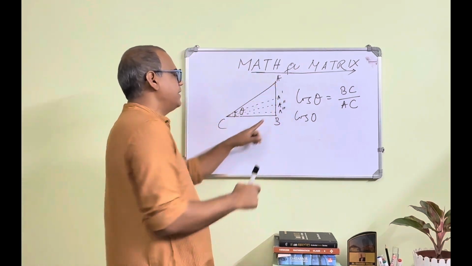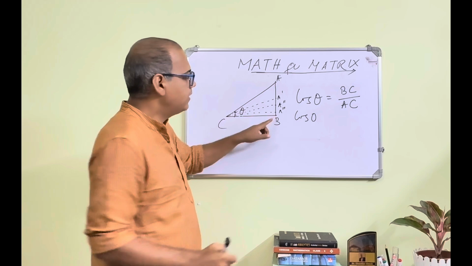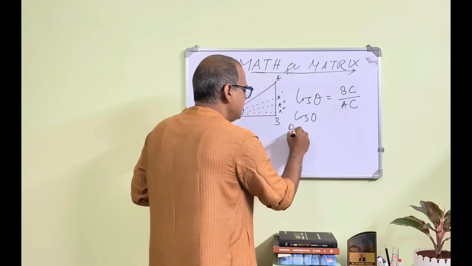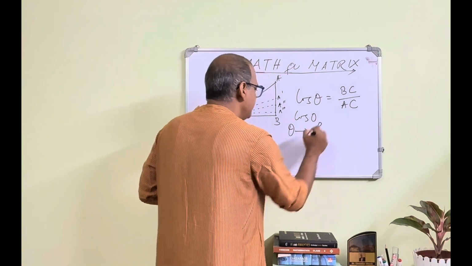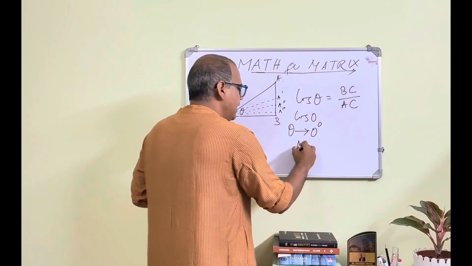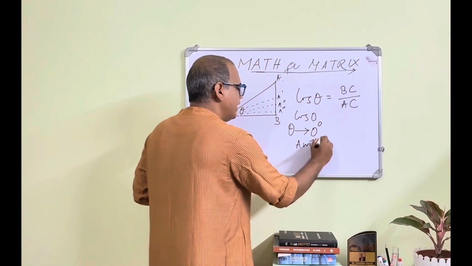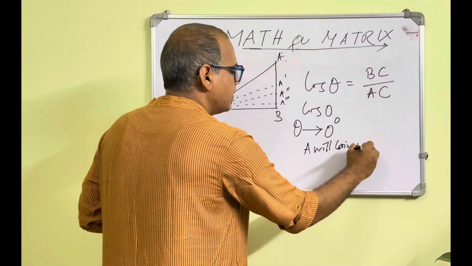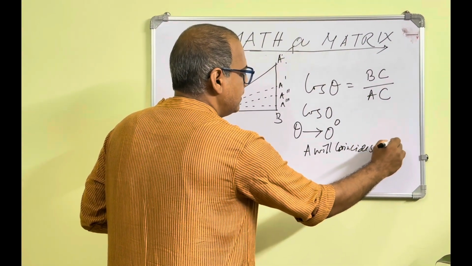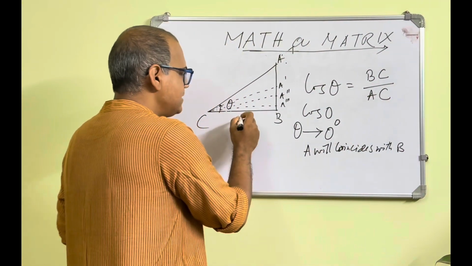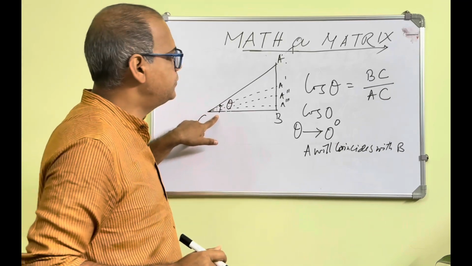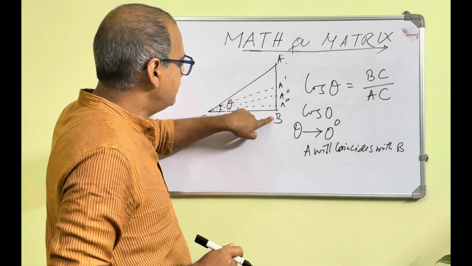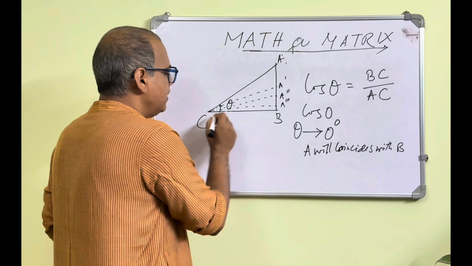Eventually, A will coincide with B. When theta tends to 0 degree, A will coincide with B.